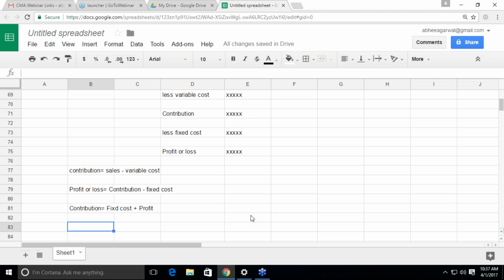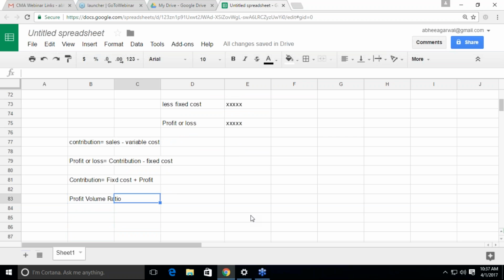Now we will calculate profit volume ratio. In other words, I can say it is the ratio of contribution over sale.